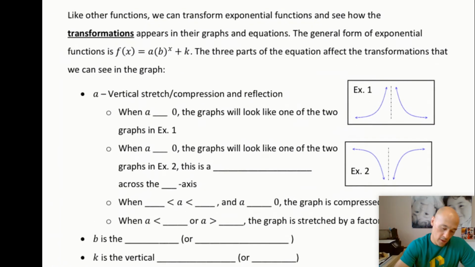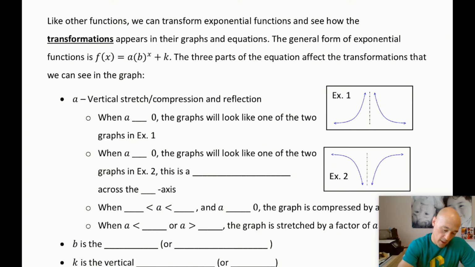So first, we're going to talk about a right here. That is always the vertical stretch or compression, and it can also be the reflection. So we're here first talking about reflections. When a is greater than 0, the graphs will look like one of the two graphs in example 1.